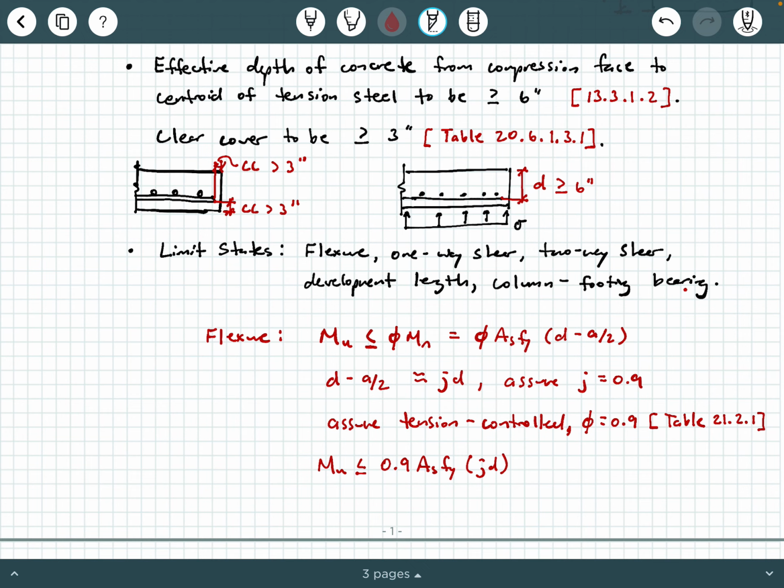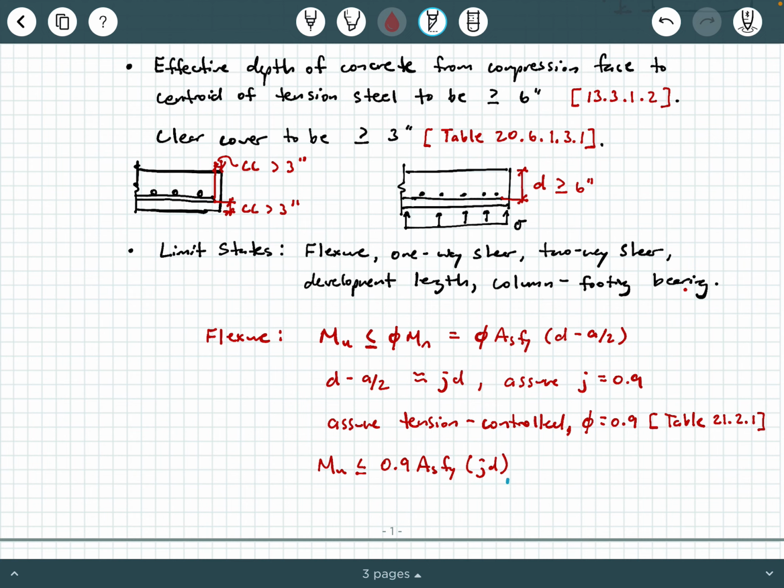We're also going to get the ball rolling by assuming that we have a tension-controlled section, and so that'll let us assume phi is 0.9, and we can reference table 21.2.1 in ACI for that. And so when we incorporate this in, we're going to have Mu, here's that Mu, must be less than or equal to 0.9 As fy jd.